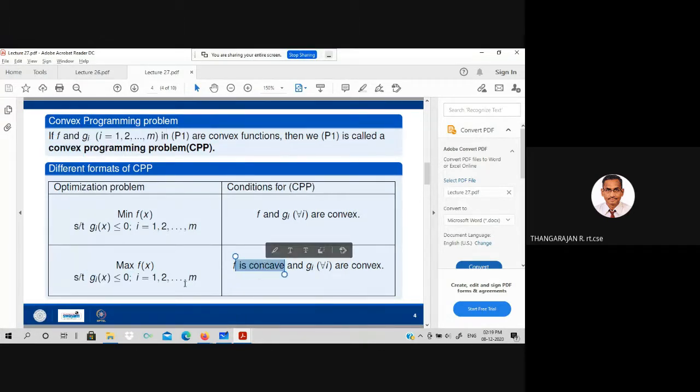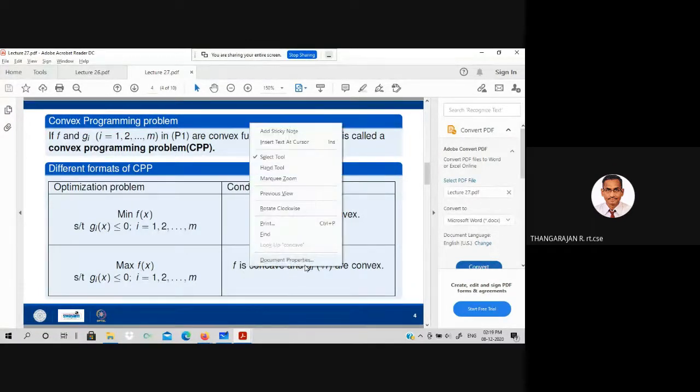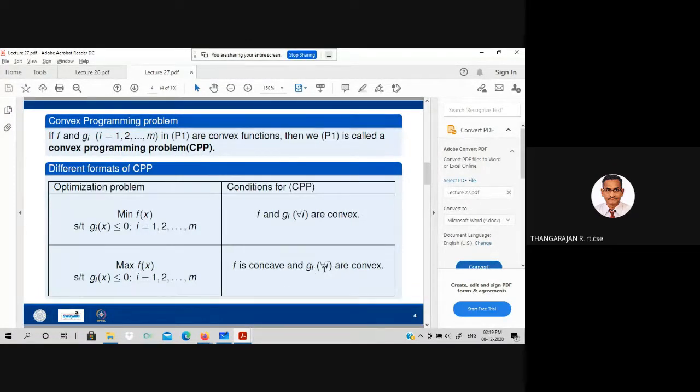Since we are trying to maximize, f should be concave, and g of i should be convex. It should be a maximizing function. In that case, we say that the problem is still a convex programming problem. So when do you say an optimization problem is a convex programming problem?